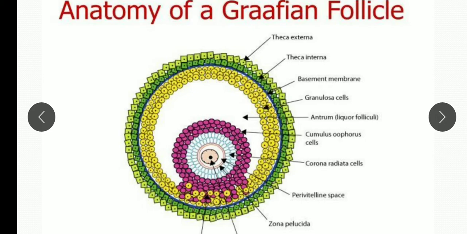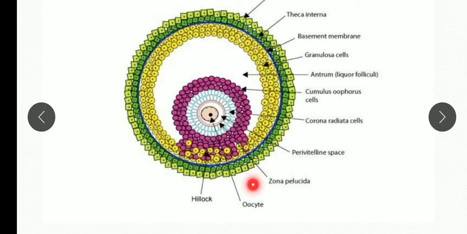Now this is the primary oocyte here in the center. The primary oocyte is surrounded by a thick mucopolysaccharide layer known as the zona pellucida. After the zona pellucida, it is further surrounded by the corona radiata cells, and the corona radiata cells are surrounded by the cumulus oophorus cells.